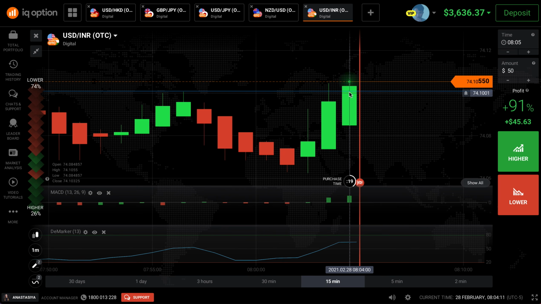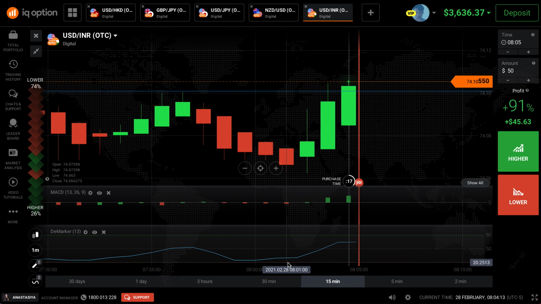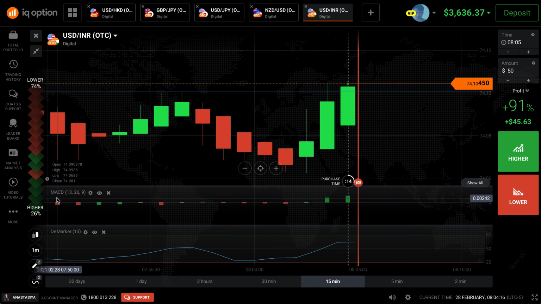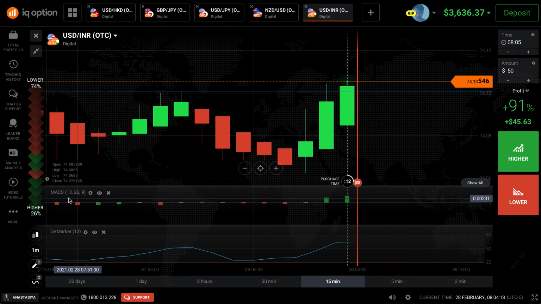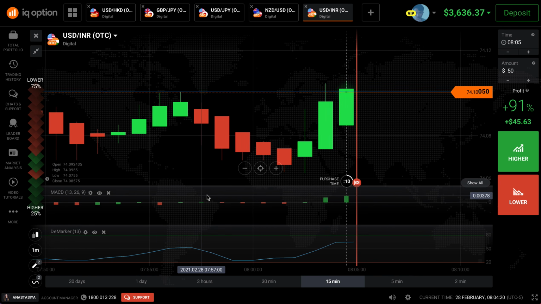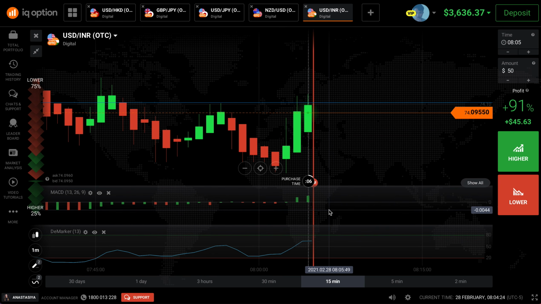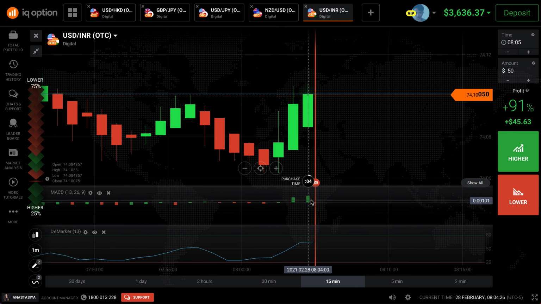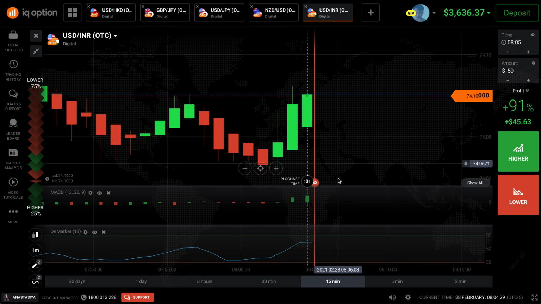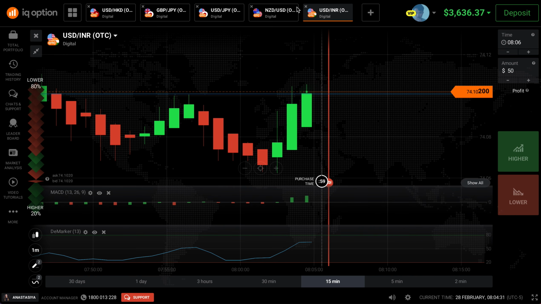But maybe this one's still bull as well, because the trend is really awesome. You look into the DeMarker right here. Look into the MACD. The MACD is really pretty nice, positive. They stay very top of the zero line. Also a good sign of a bull.